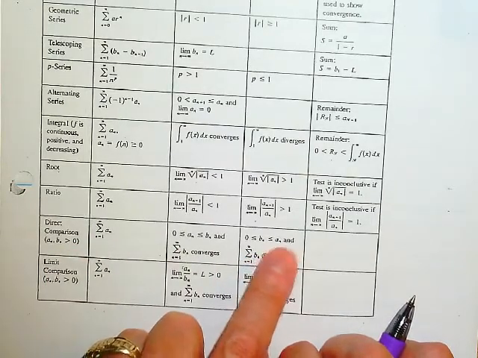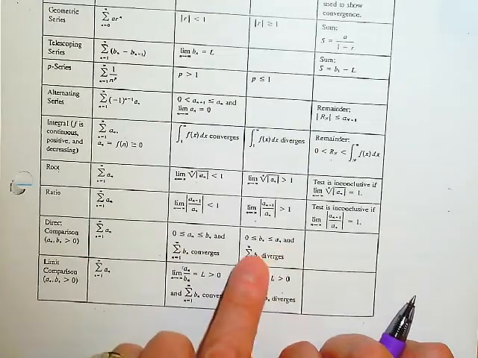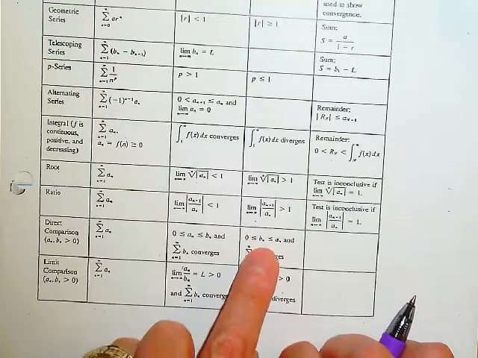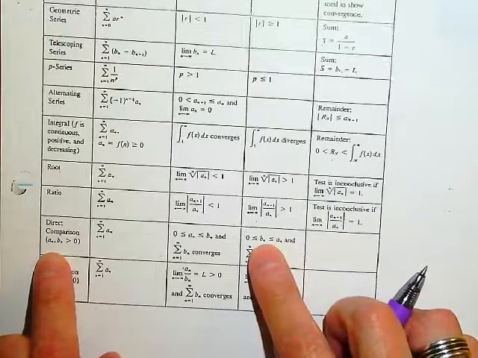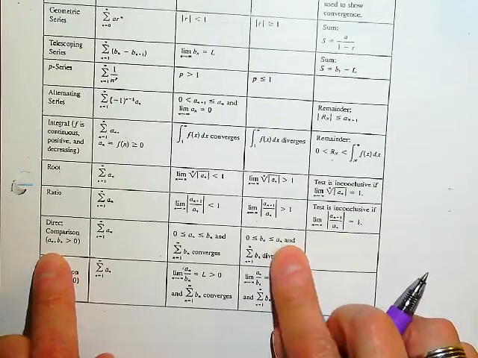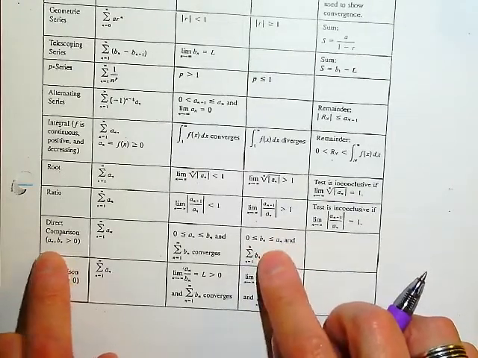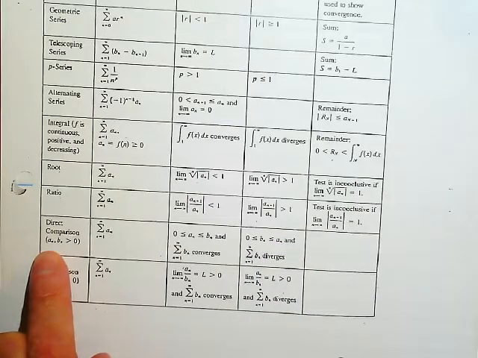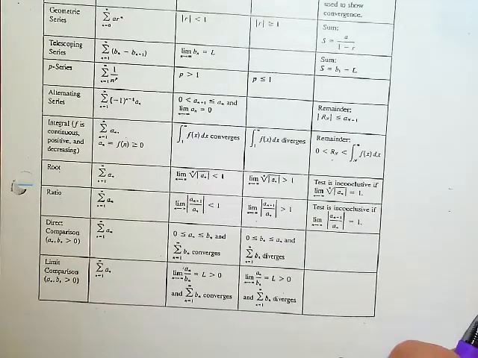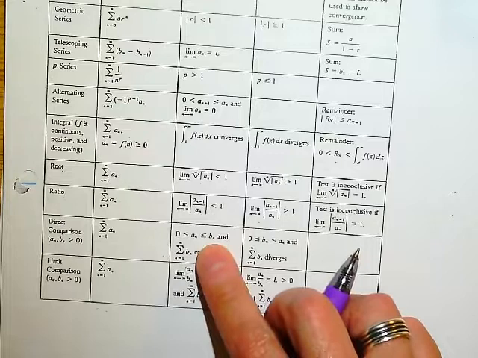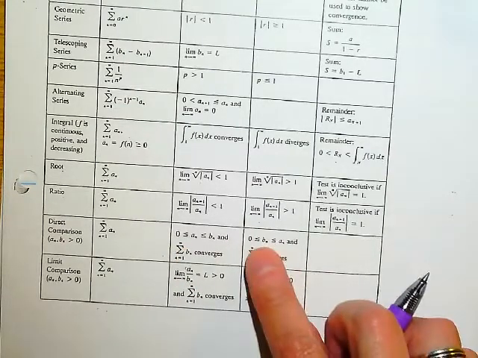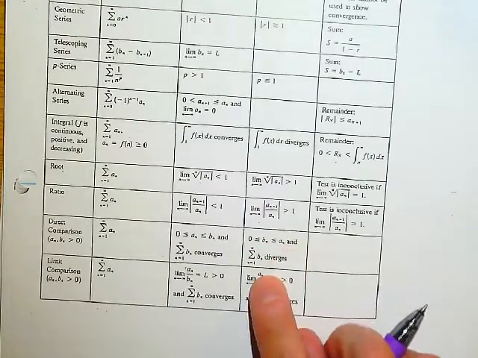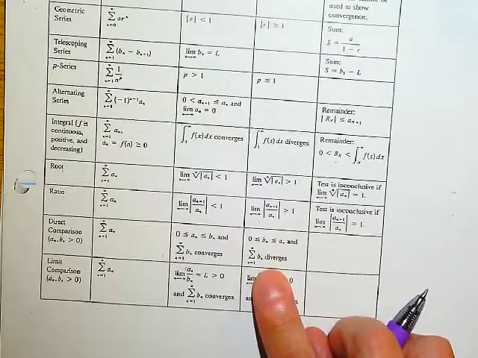If the bigger one is diverging, then it is going to be pushed out by b sub n. We're always thinking about a sub n as the one we've got, b sub n as the one we're comparing it to. So if b sub n is holding it in, a sub n is going to converge. If b sub n is pushing it out, then a sub n is also going to have to diverge.